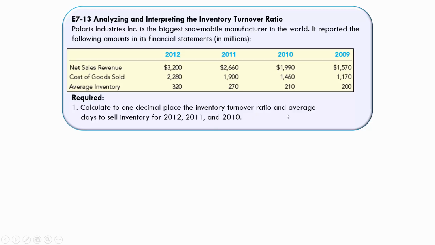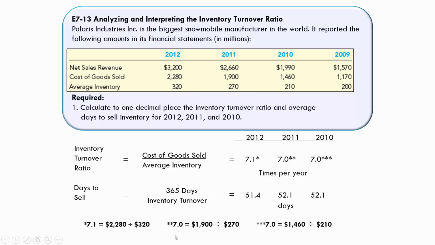This is inventory turnover and average days to sell inventory, and they want us to do this calculation for 2012, 2011, and 2010. They're very nice to us because they've already calculated average inventory. As I said before, it's beginning plus ending divided by 2, but we don't have to do that because they've already given us the numbers.